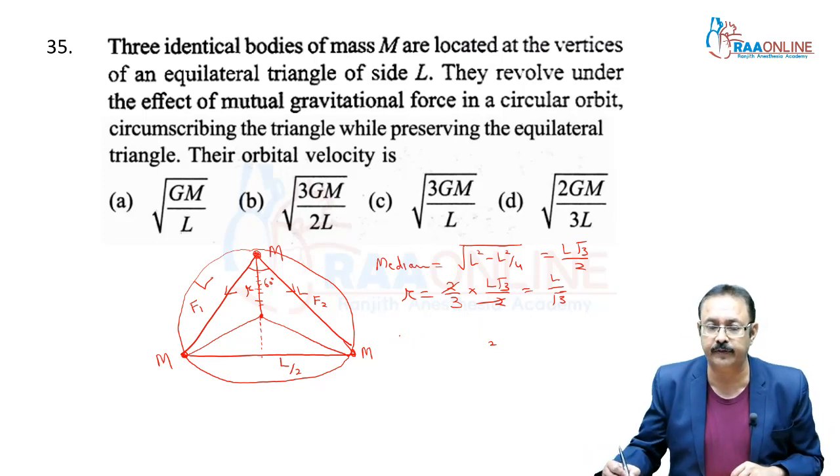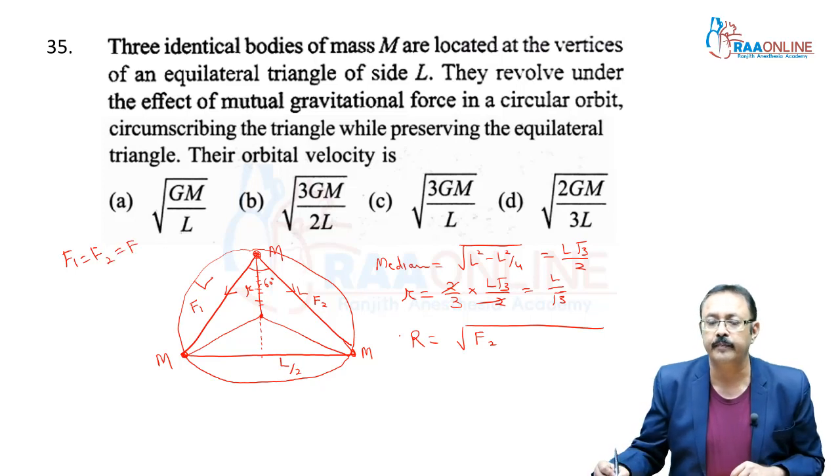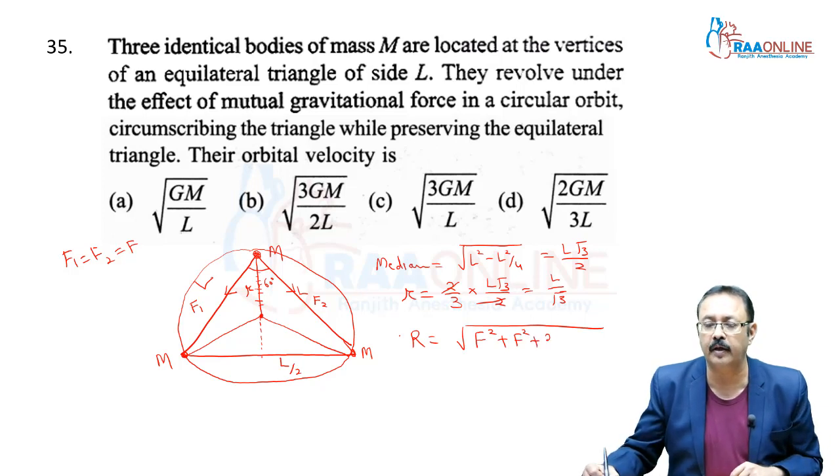60 degrees. So first we will go for the resultant force, under root P square plus Q square plus 2PQ cos alpha.